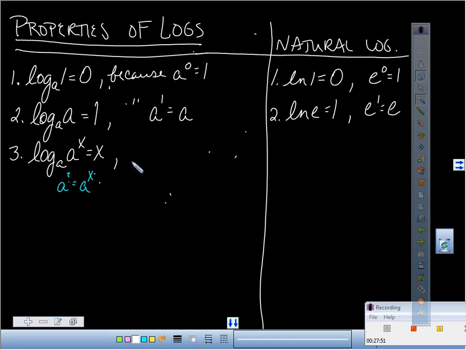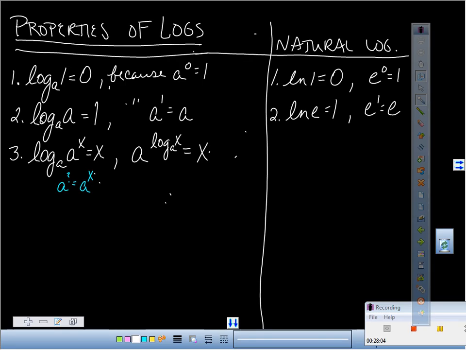And here's the other one in this set. A to the log base A of x is equal to x. That's the answer. Here's what it would look like. If it said 7 raised to the log base 7 of 2, what would it be equal to? 2.